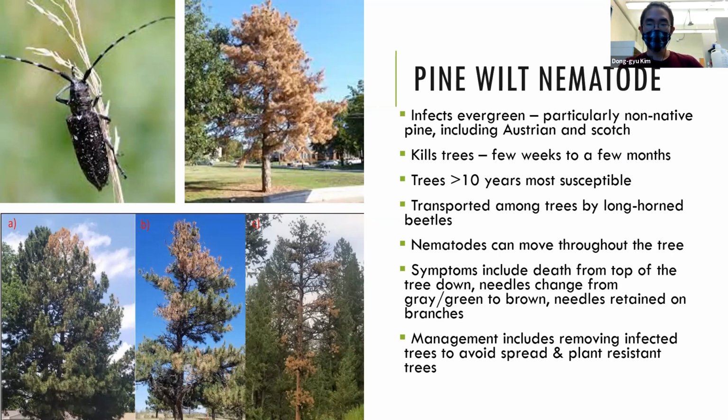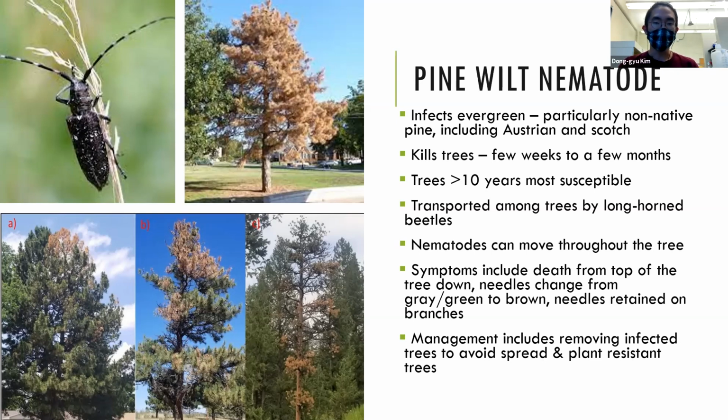So yeah, when this nematode does make its way into a host pine tree, symptoms will gradually develop, including the death of the pines from the top of the tree downwards, and the brownish coloration of the tree as the leaves slowly die. But interestingly enough, these needles don't fall off the tree; they do stay on.